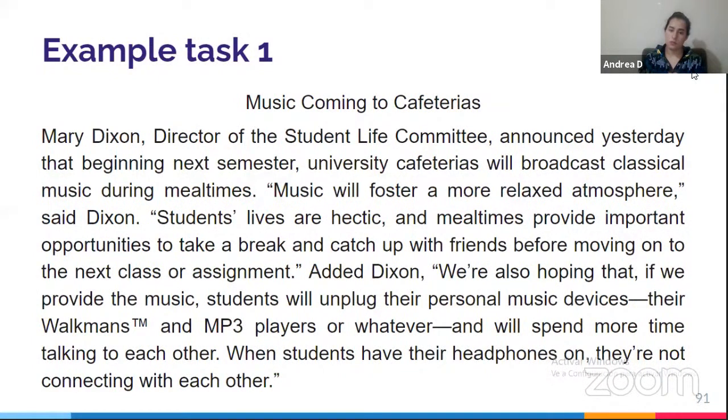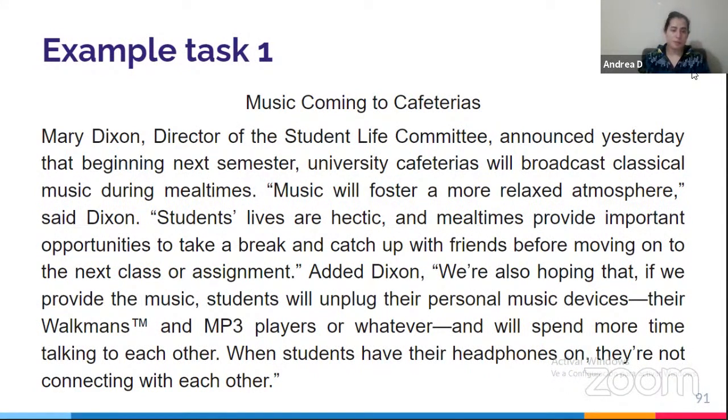We are also hoping that if we provide the music, students will unplug their personal music devices, their Walkmans and MP3 players, or whatever, and will spend more time talking to each other. When students have their headphones on, they are not connecting with each other.